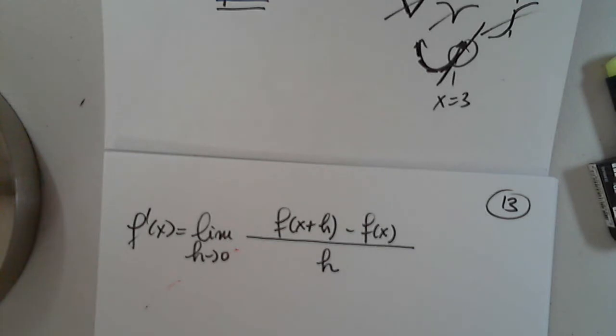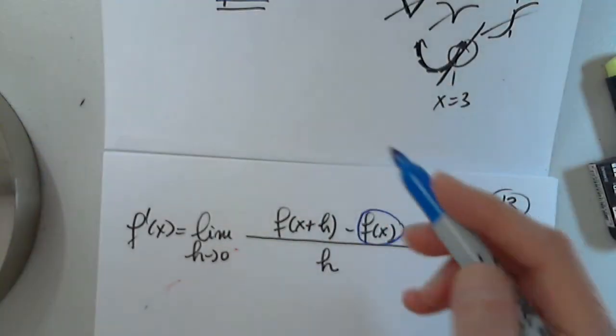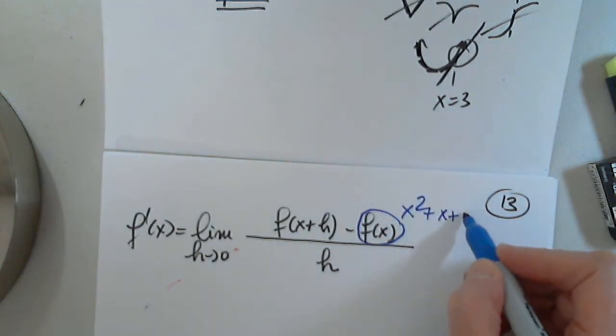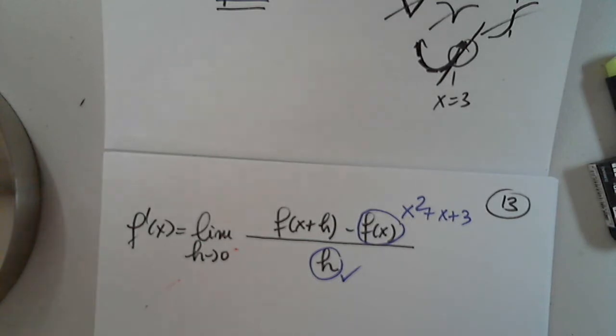Now this piece is very clear. It's x squared plus x plus 3. This piece is just the little h, if you remember, the tiny difference between those points on the x-axis.